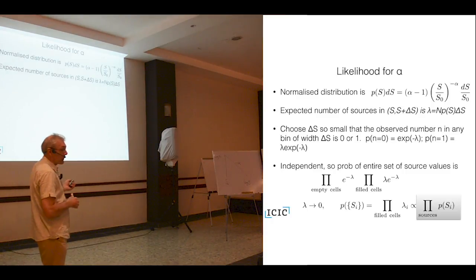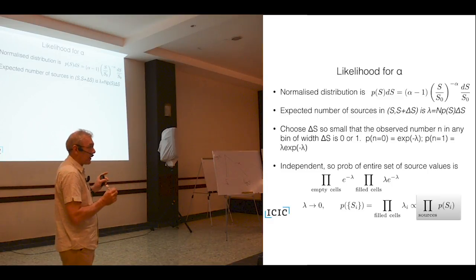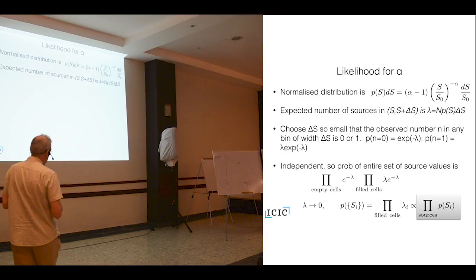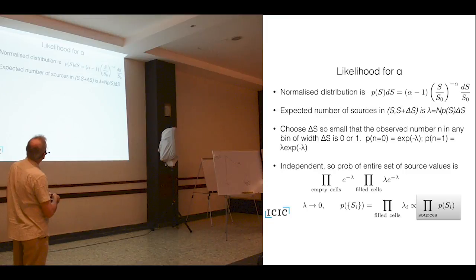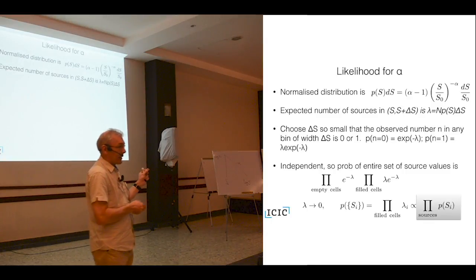So how do we do this? This is an example of a continuous probability density, so there are one or two conceptual issues to think about. This is a useful example for that reason. P of S is a probability density, not a probability.